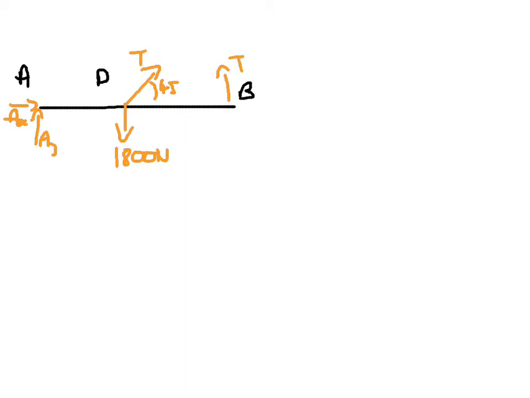So the first thing that it'd be good to do is find the tension. So if we take moments about point A, we can ignore all of these unknown A's, and we can say, okay, the tension times 6, which is the tension at B, so it will be this tension first of all times 6, positive because it's going anti-clockwise, plus T sine 45.